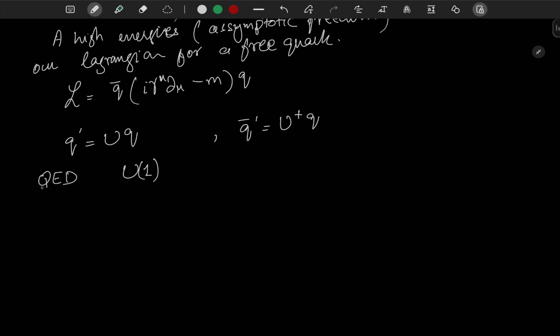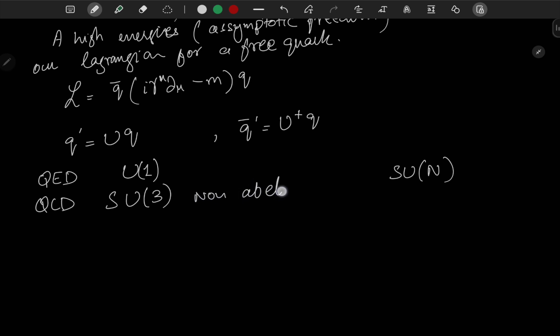But here in case of QCD we are working in the special unitary group SU(N) in general, but since we have three colors, SU(3), and we will be working in the SU(3) group, which is non-abelian. On the other hand, if we look at the QED case, the U(1) unitary group, that is abelian.